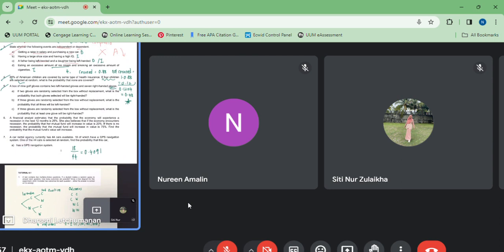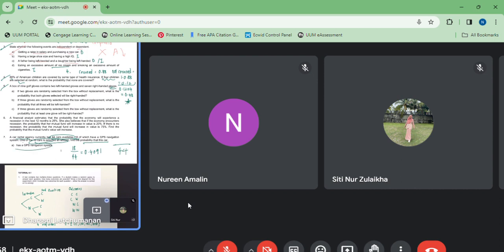Okay. A car rental agency currently has 44 cars available. 18 of it got GPS. They ask, find the probability of this car. You see, when they say one of the 44 cars is selected at random, we know at the bottom there, this one is denominator, right? It will be 44.